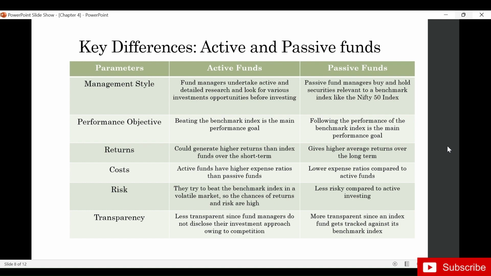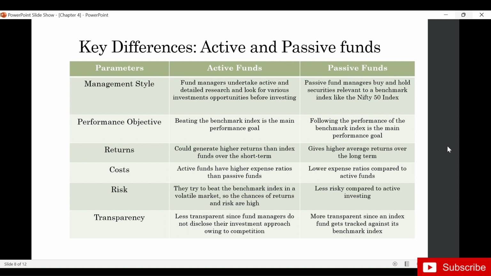In passive funds, the fund managers buy and hold securities which are relevant to a benchmark index. For example, if the passive fund is tracking the Nifty 50 index, the passive fund managers will buy the stocks which are relevant to the Nifty 50.